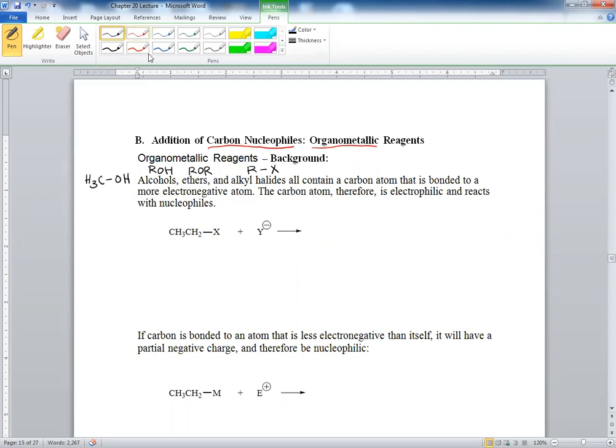So if we look at an example here where we have ethyl attached to a halogen, it could be fluoride, it could be chloride, it could be iodide, etc. We notice that the carbon atom, if you recall, has an electronegativity of 2.5.